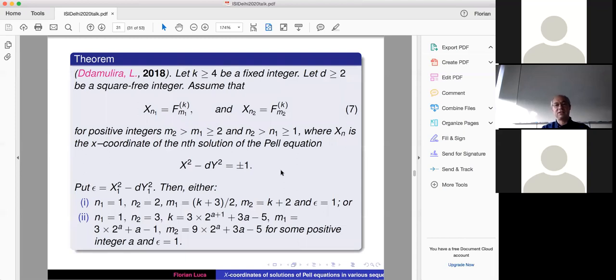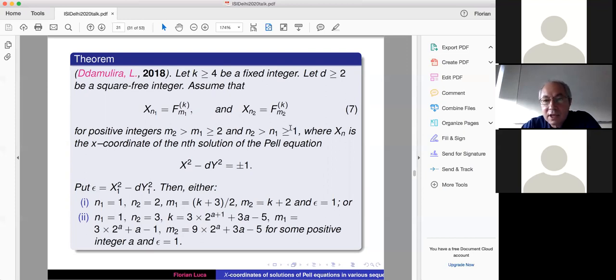And we generalized it together with my PhD student, Mahadi Damuliran. We took k to be any fixed integer. We took the Pell equation x squared minus dy squared equal plus or minus 1. And we looked at two values of x's being in the k-generalized Fibonacci sequence for two different solutions, with n1 bigger than n2.